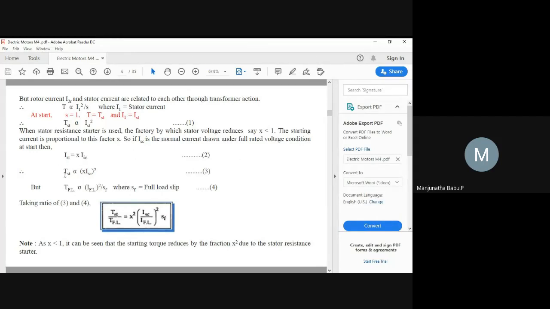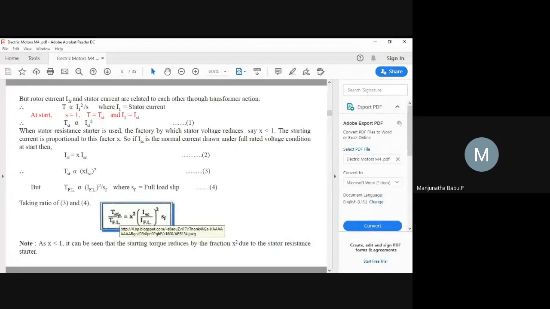Now the starting torque is directly proportional to the substitution of the starting current, that is X times the starting current. The full load torque is directly proportional to IFL square by SF, where SF is the full load slip. Considering equation 3 and equation 4, we can represent the starting torque and the full load torque.